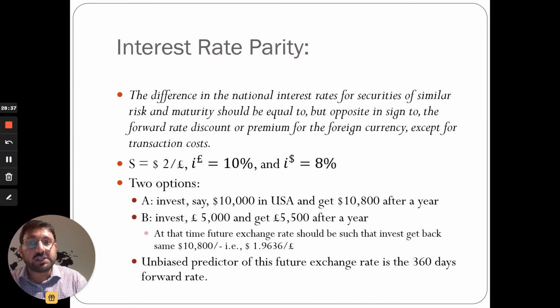And we'll see in which situation the interest rate parity is actually getting violated.